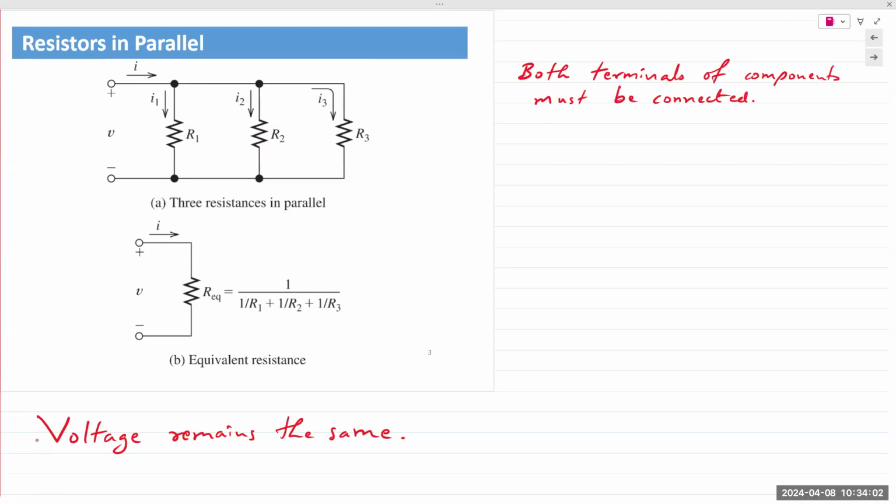In this case, again, we measure the total equivalent resistance Req between those outer terminals. In this case, it doesn't matter. It's parallel, right? So if it's parallel, it's the same connection.